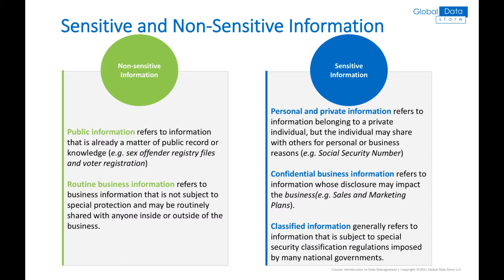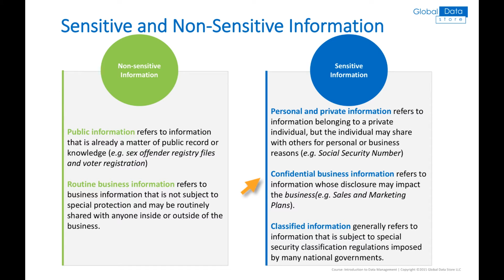Sensitive information is classified in three broad categories: personal and private information, confidential business information, and classified information. Personal and private information refers to information belonging to a private individual, but the individual may share with others for personal or business reasons, for example, social security number.